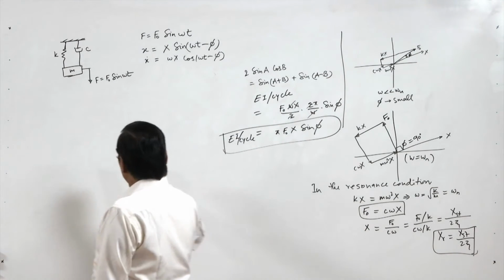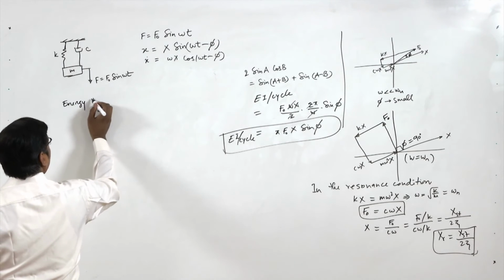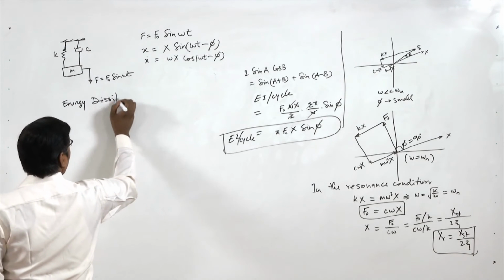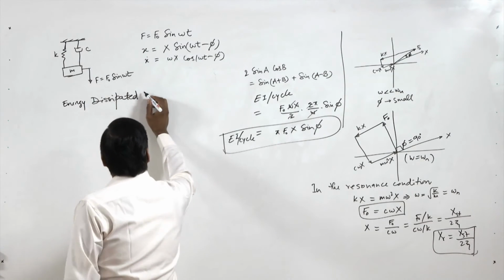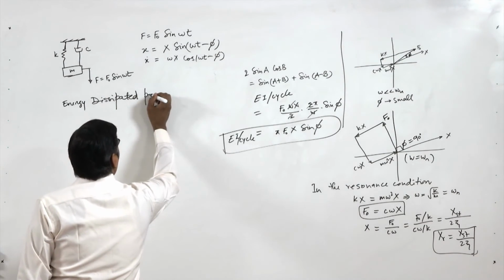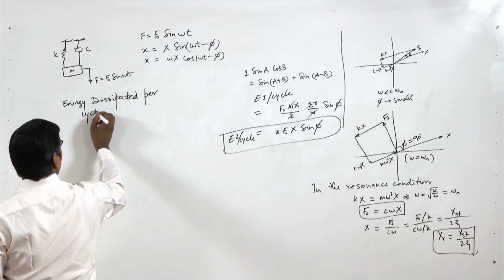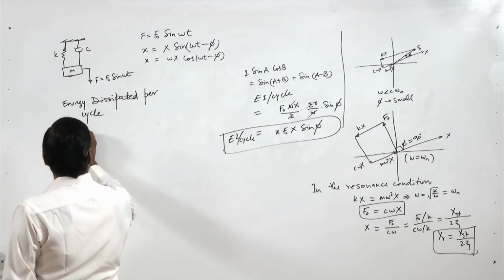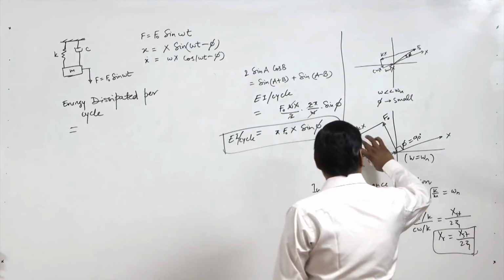Okay, so the energy dissipated per unit per cycle. Of course this is the energy dissipated by the damping force c omega x.